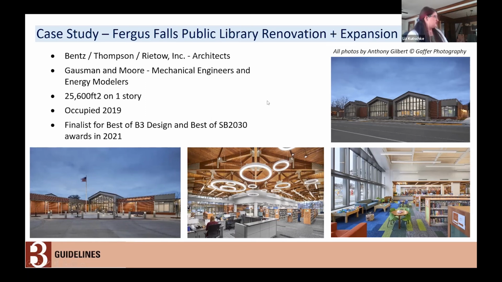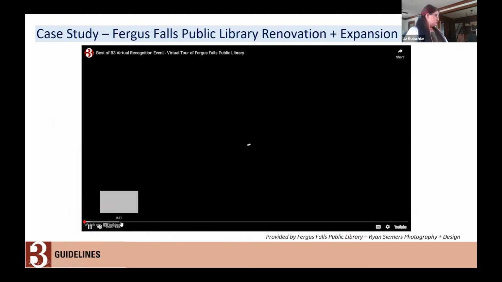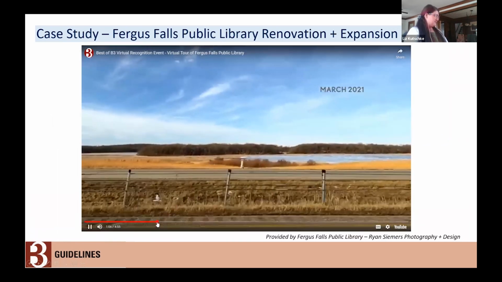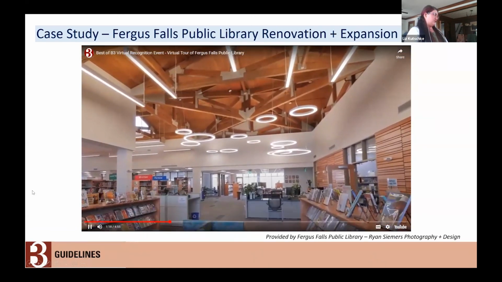And as part of that award ceremony, the project team put together a video that I'm just going to show a clip of that really highlights the daylighting portions. And the whole video is on our YouTube page, if you're curious about it.